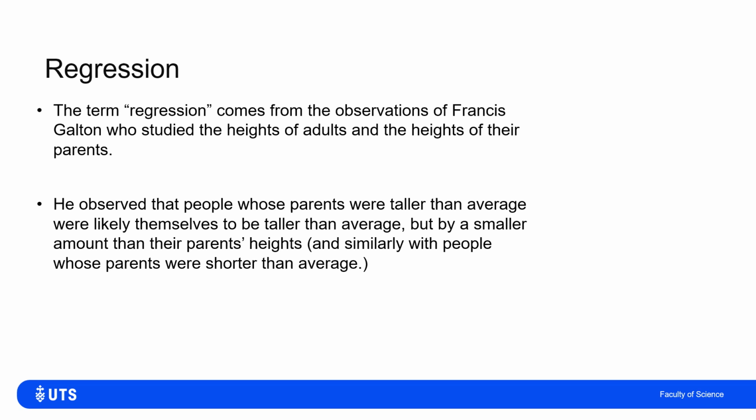Two exceptionally small parents would tend to have a below average but not exceptionally small child. Two exceptionally large adults would tend to have a larger than average child, but not as exceptionally large as them. The size of the exceptionality decreased, falling back, regressing back towards the mean.